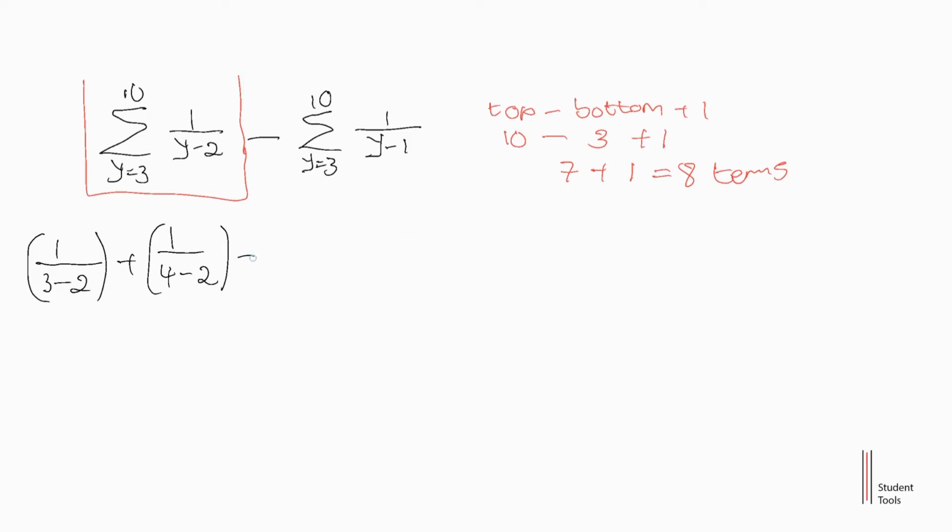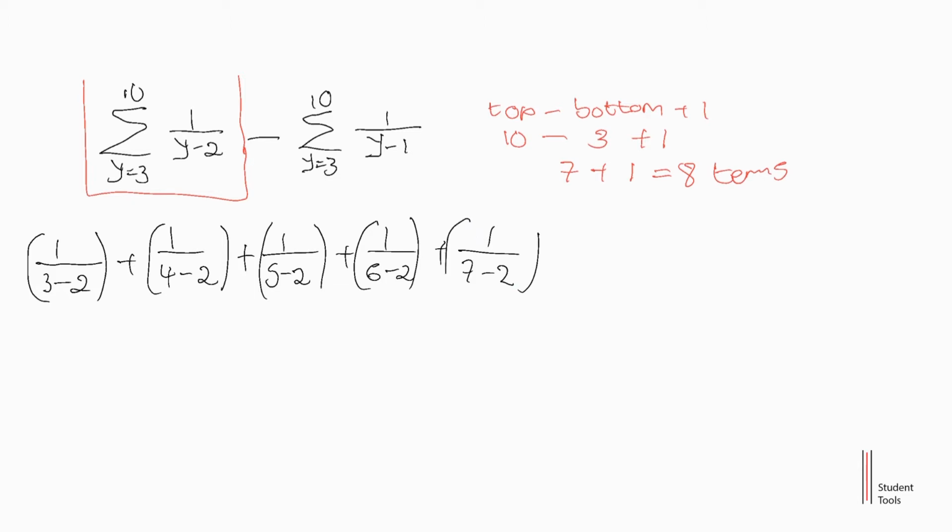So plus 1 over 5 minus 2, plus 1 over 6 minus 2, plus 1 over 7 minus 2, plus 1 over 8 minus 2, plus 1 over 9 minus 2, plus 1 over 10 minus 2.